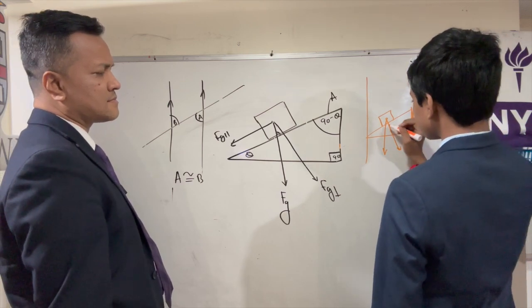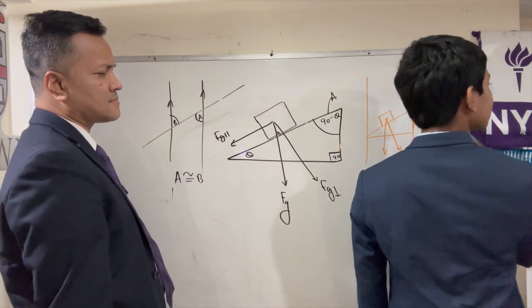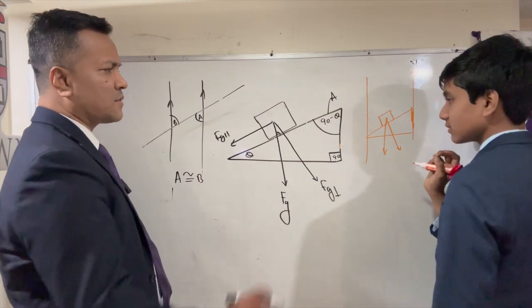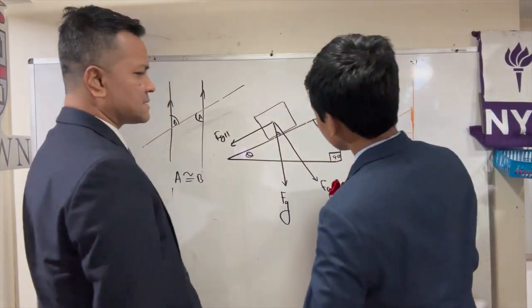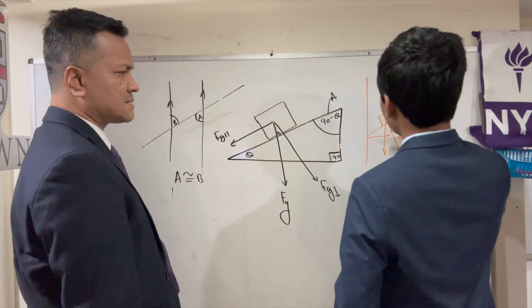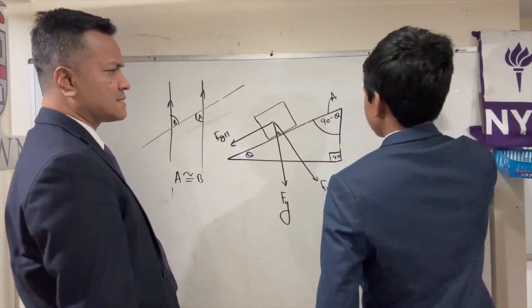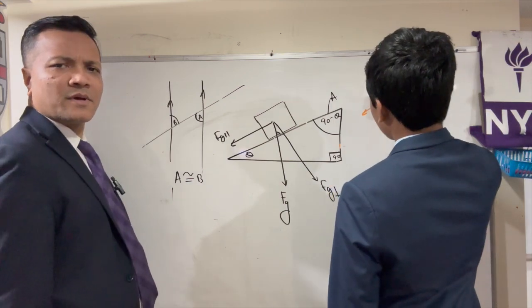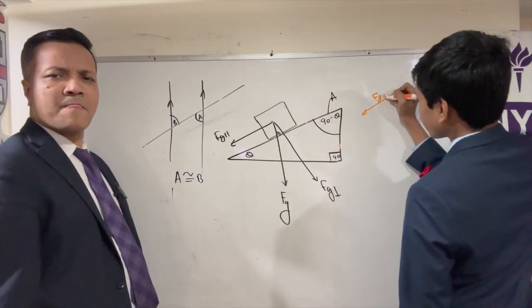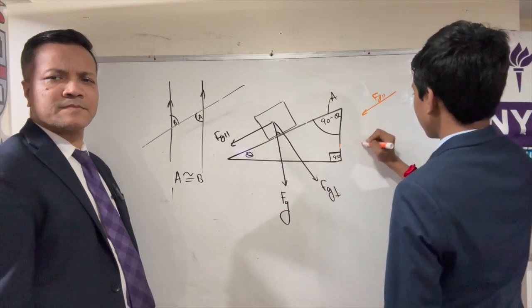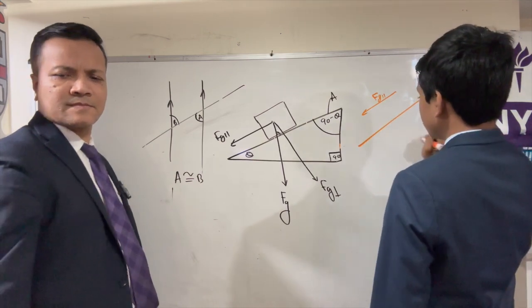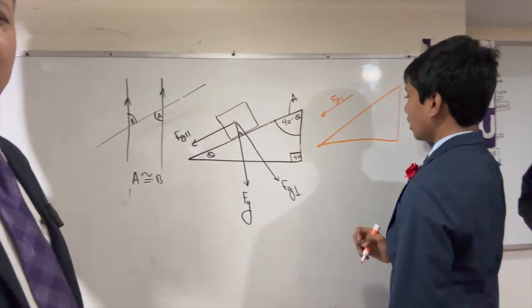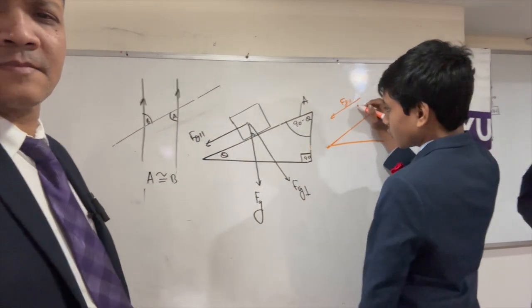I can draw it if you don't. Okay, no. If you understand. Okay, that's fine. Okay, we have FG parallel, which is, of course, parallel to the plane of this ramp right over here.